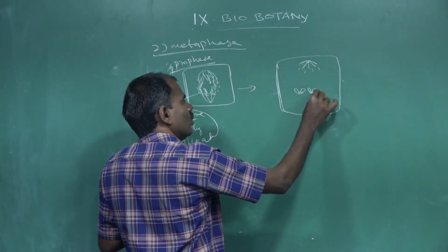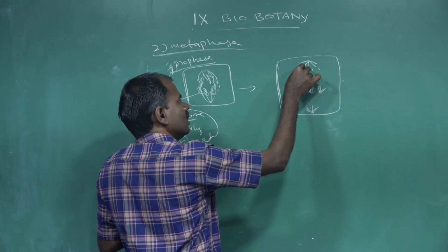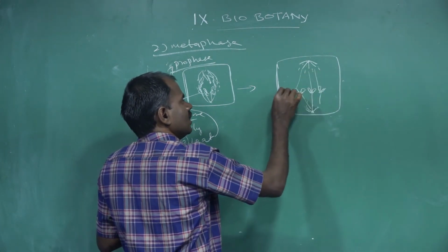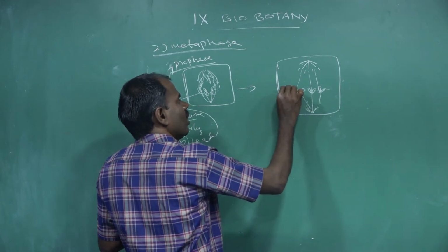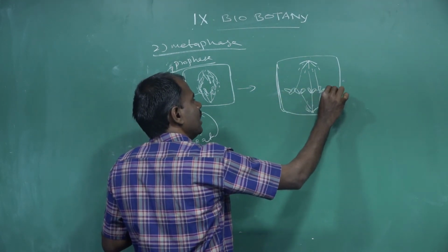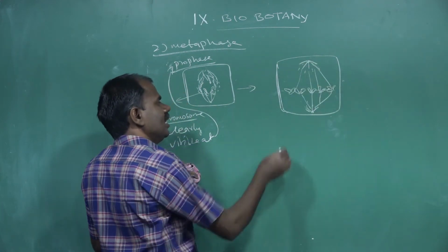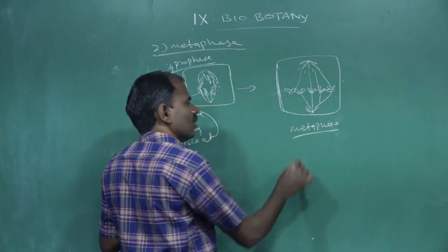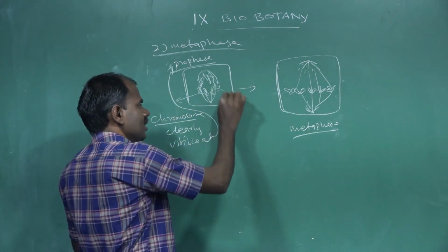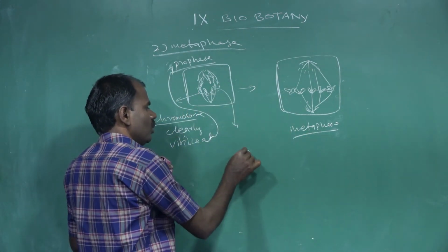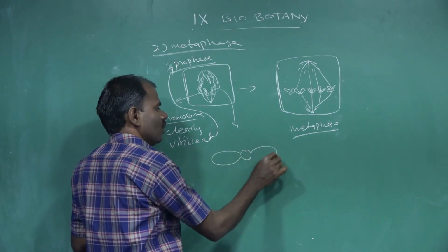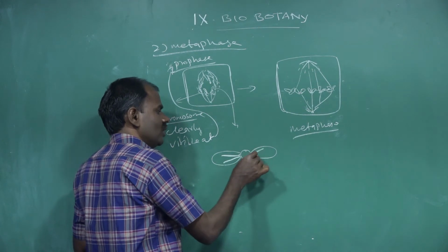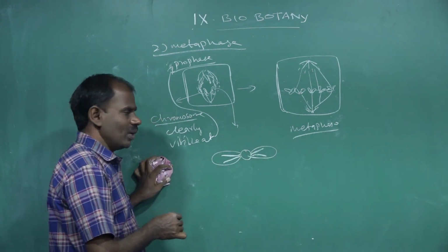So the equatorial plate is formed from the chromosomes, only in the metaphase stage. The chromosomes consist of the centromere and chromatids, which are chromatin thread of nuclear material.